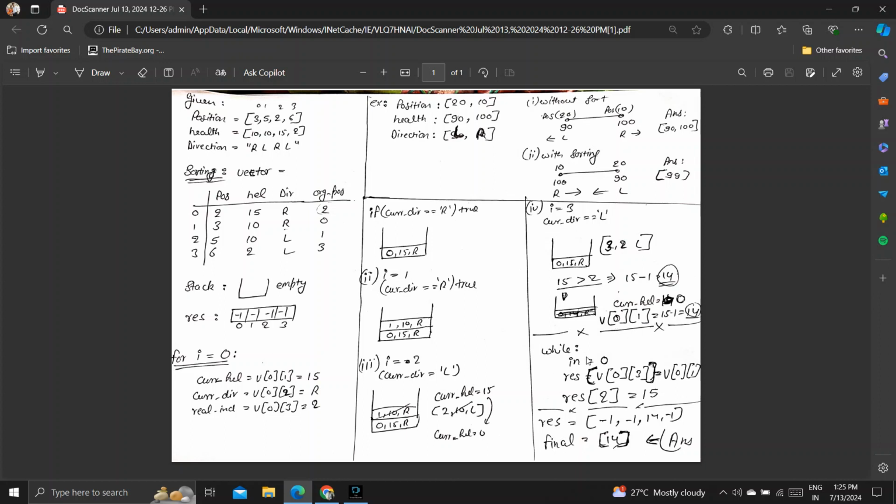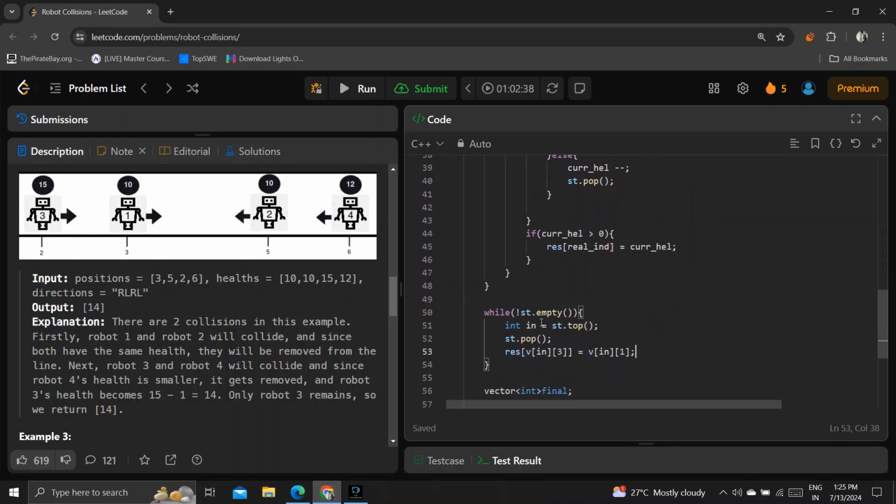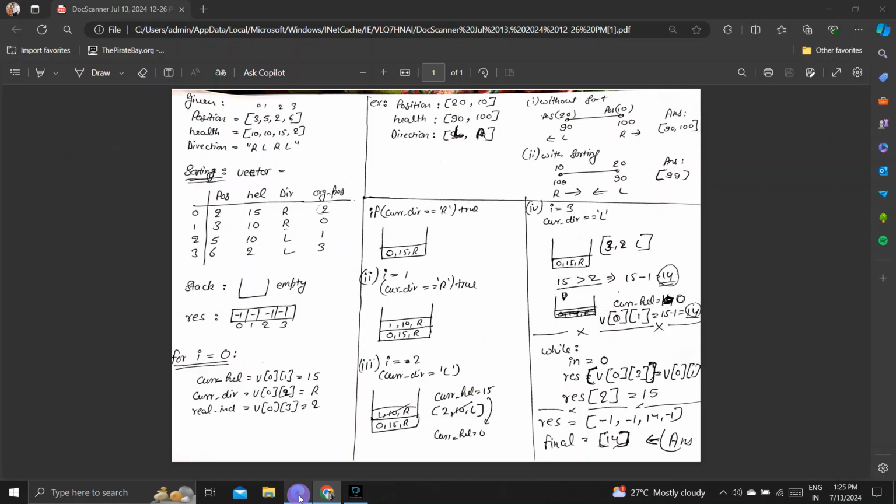Now we will come out of this while loop. Now where will we come? We will come here. So we will check whether in our stack there are some values. Yes, there were some values, that is this one. So what we will do, we will mark the resultant at the original index. And what is our original index?